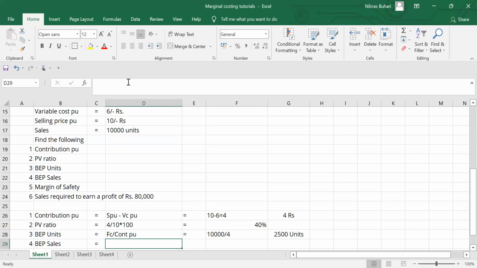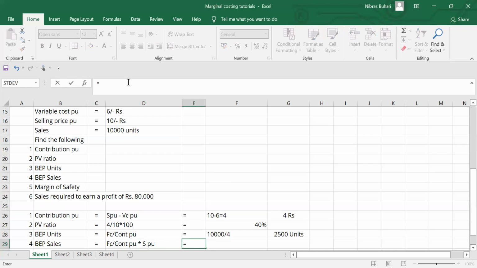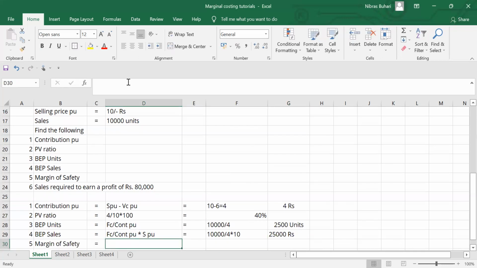BEP in sales or rupees: fixed cost divided by contribution per unit multiplied by selling price per unit, or fixed cost divided by PV ratio. You will get the same answer. Suppose I take 10,000 divided by 4 into 10, which is the selling price, which is 25,000 rupees.